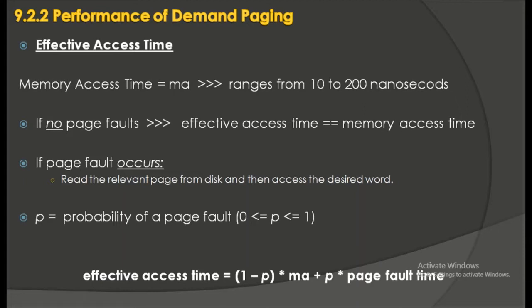The formula for the effective access time is equal to (1 minus the probability of a page fault) times the memory access time, plus the probability of a page fault times the page fault time.